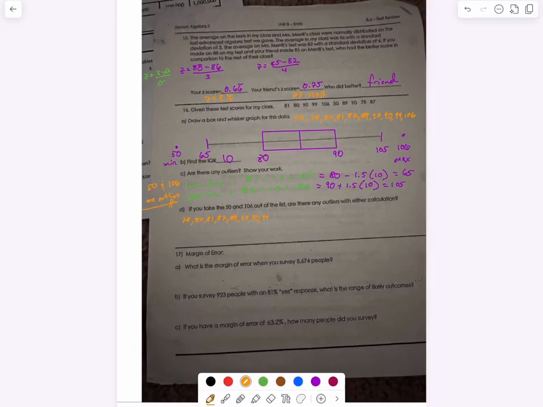So then if we were to redo the box and whisker, I'll just do it here.